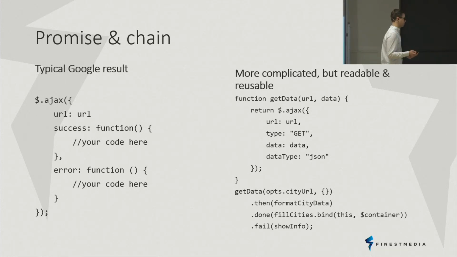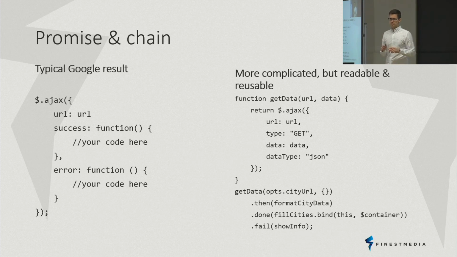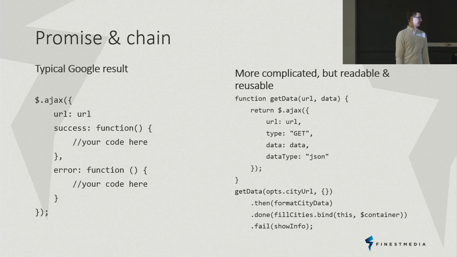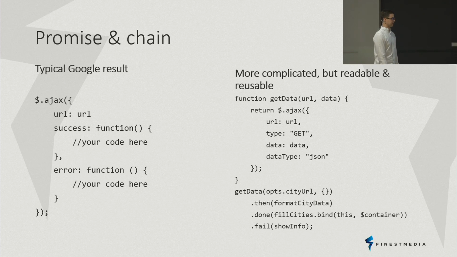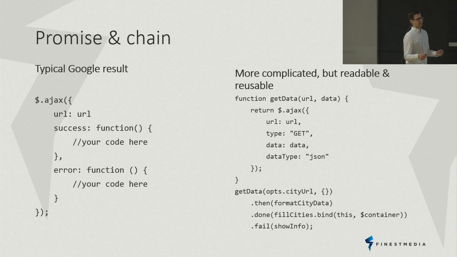And if something went wrong, for example the backend gave you a bad request or something like that, then you can show extra information, maybe please fill the city field manually. Another thing I would like to point out is the done handler: you can see that we are calling the fillCities function as a callback. The typical explanation is that I can't use it directly because maybe I want to pass an extra parameter, and it all happens dynamically.